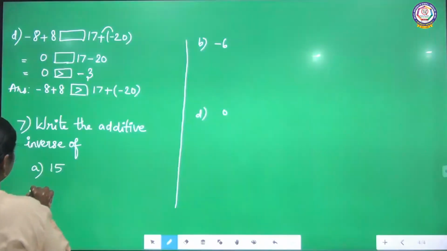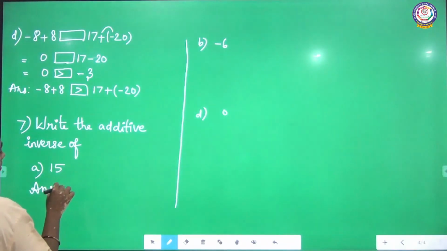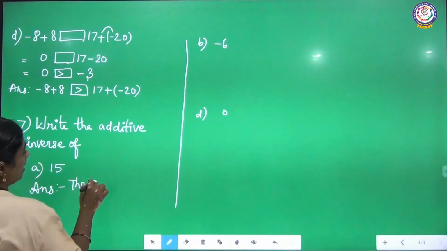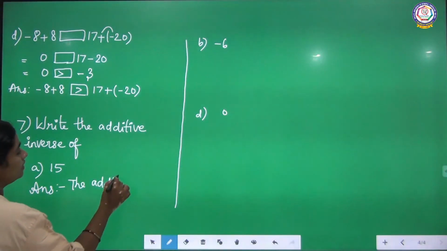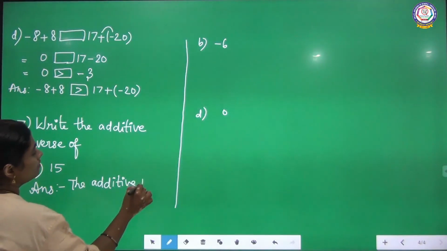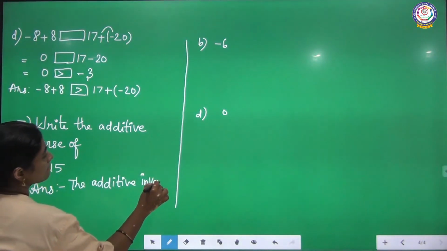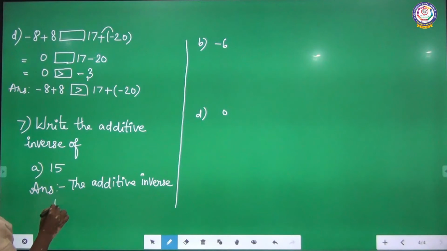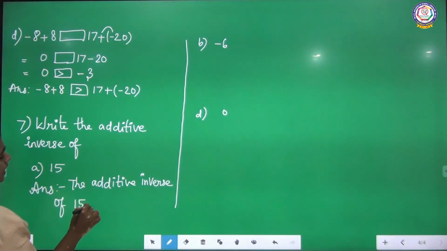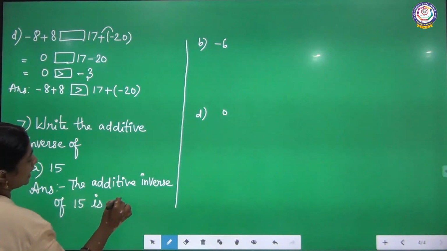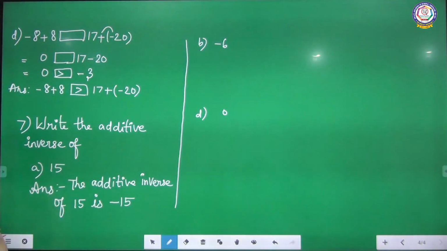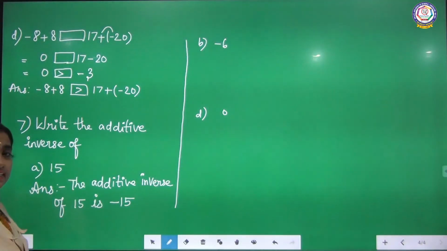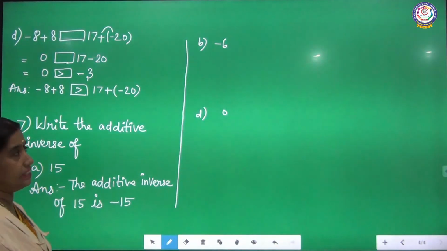So answer the additive inverse. Listen, the additive inverse of 15 is minus 15. So a positive integer, when I write the answer, is a negative integer.